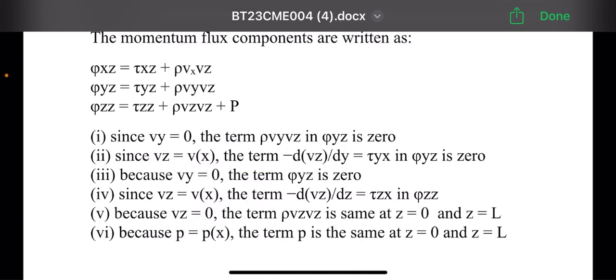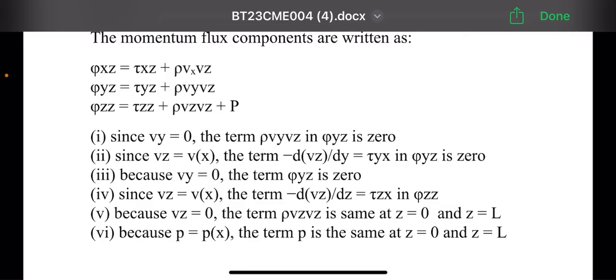Now we will simplify our equation by eliminating some terms. Since the velocity in the y direction is 0, the term rho vy vz in phi yz will be 0. Since the velocity in the z direction is a function of x, the term dvz by dy in phi yz is 0.